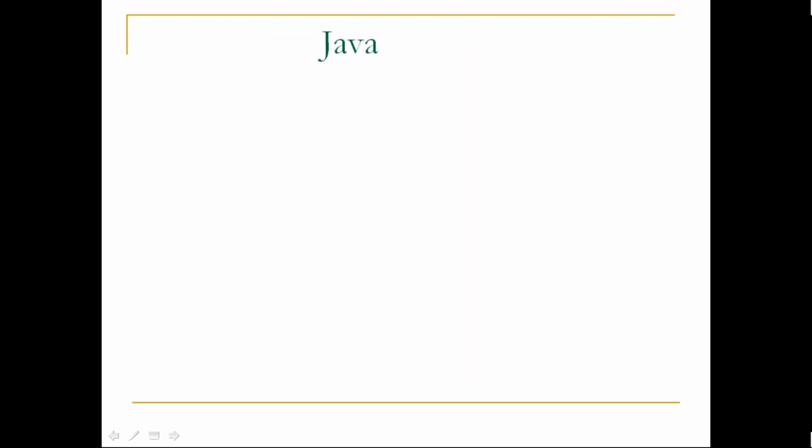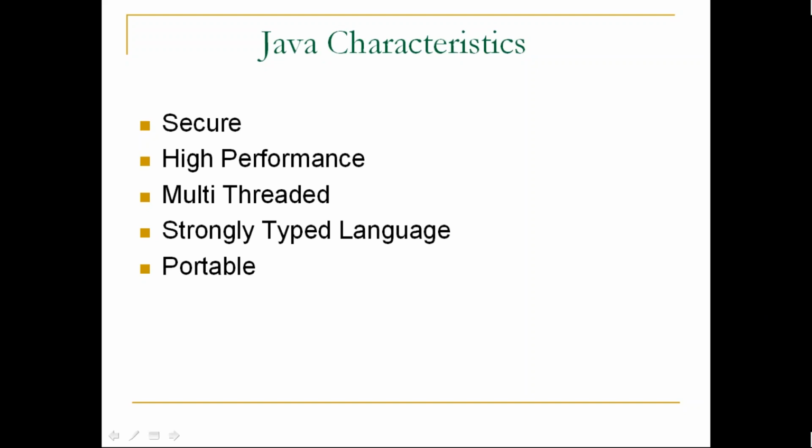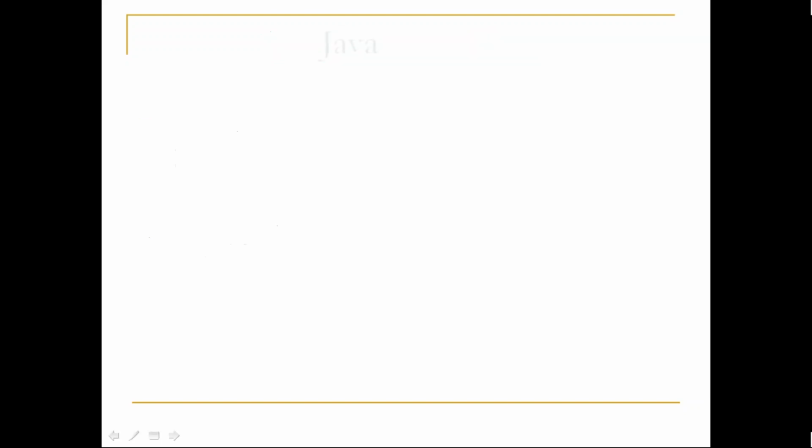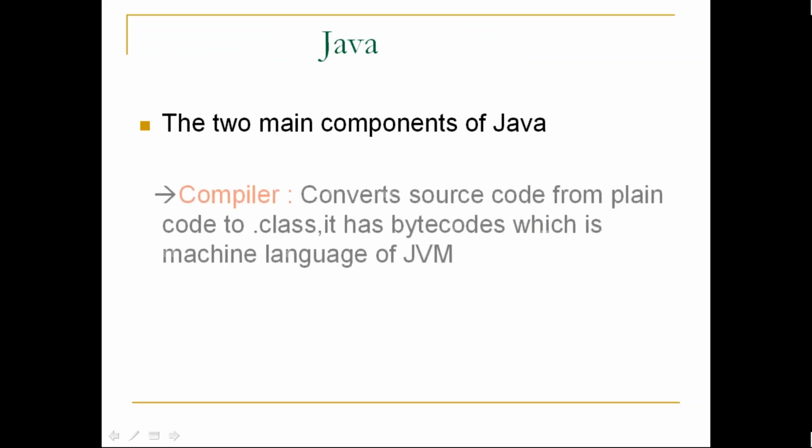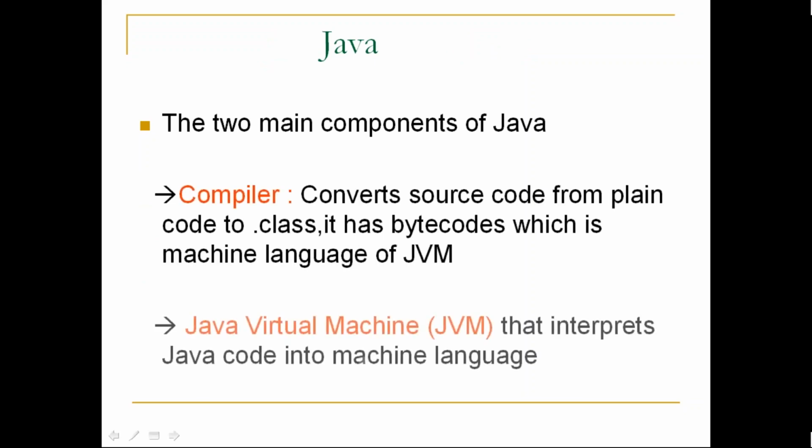Okay, so these are some of the features that we have with Java. There are many other things, but these are basically some of the main features of Java. There are two components in Java: one is the compiler and the other is the Java virtual machine. Basically, we write code as plain text.